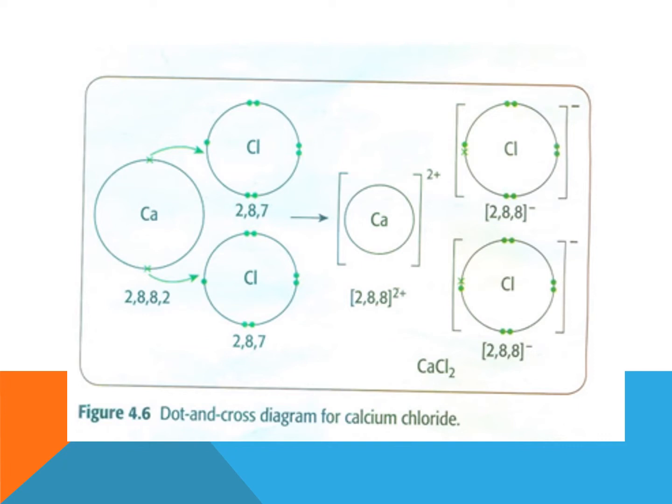If multiple electrons transfer, you need 2 chlorines for calcium chloride, because calcium has 2 electrons to give, so only 1 electron can go to chlorine to give you 8, and then the other one will go to another chlorine atom to give that 8. You have a positive 2 calcium, a naked electron shell, and then chlorine, both are full with 8, but you need 2 of them.